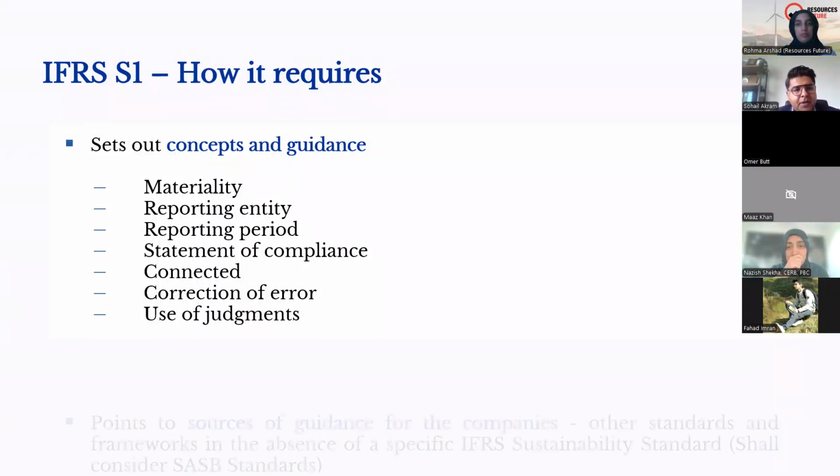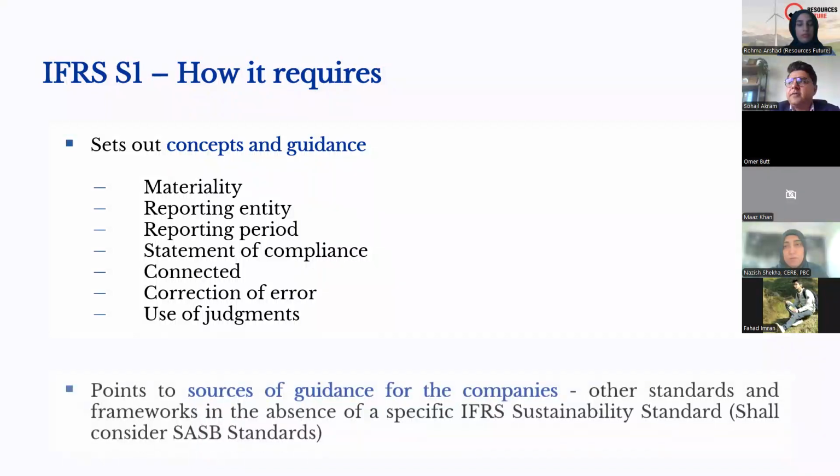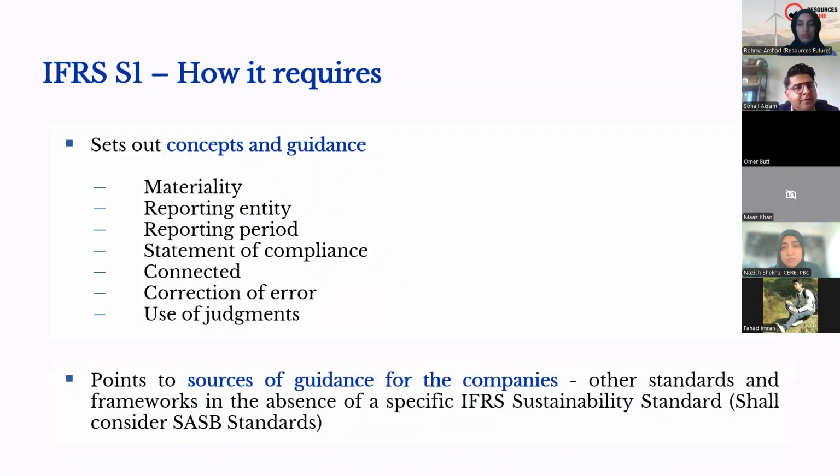Another important element within IFRS S1 is that it provides guidance on what sort of frameworks we are required to use. So the first part is that it requires ISSB-issued standards.